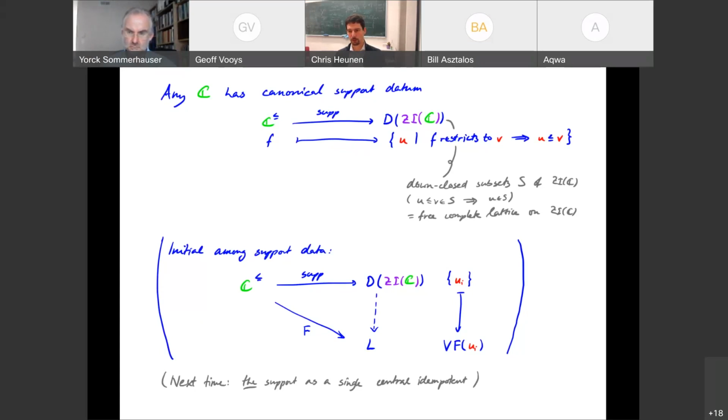So this is a bit of a convoluted definition, but that's the way it works. Because what we're sort of doing is, with these central idempotents, we can only talk about opens. We can't talk about closed subsets, only opens. Now, the support of a morphism, of a function, if you like, you can sort of approximate it from within or without with opens. And that's why this implication has to be here.